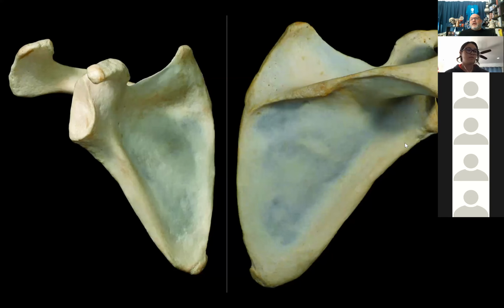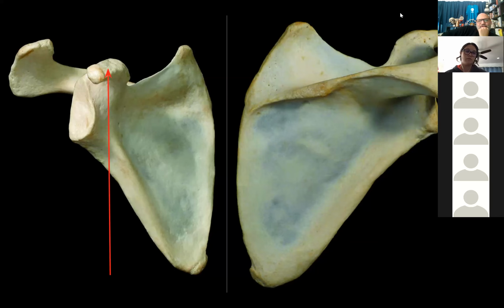From what we've covered so far in this class, and today actually for that matter, on the exam I could have this bone with an arrow pointing to that bone feature and ask you to identify the muscle that inserts into that bone feature.